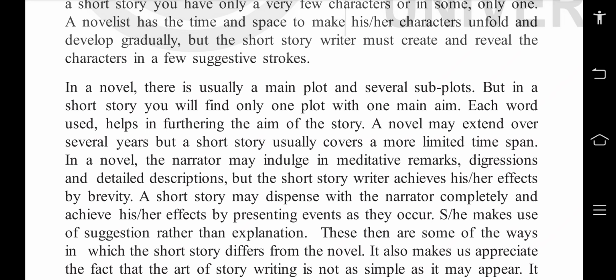A short story may dispense with the narrator completely and achieve its effects by presenting events as they occur. He or she makes use of suggestion rather than explanation.